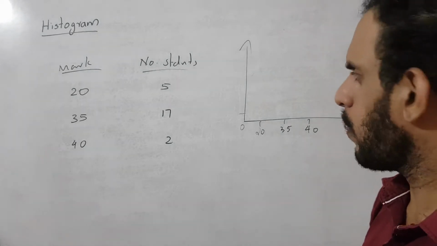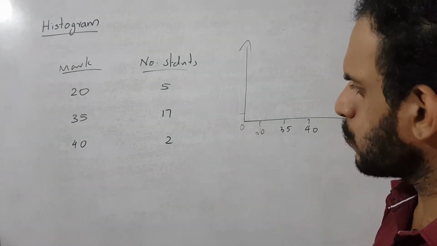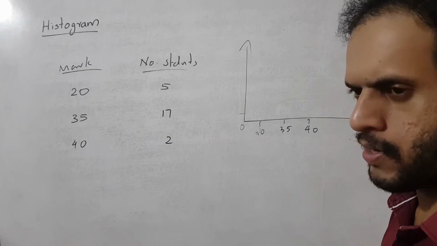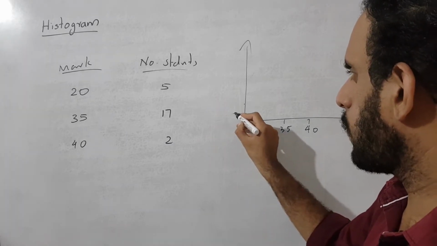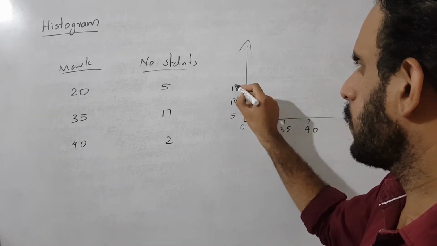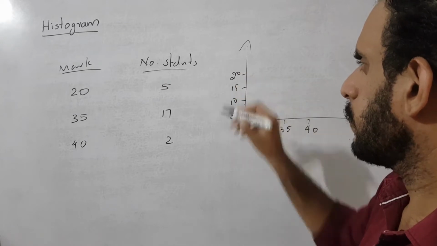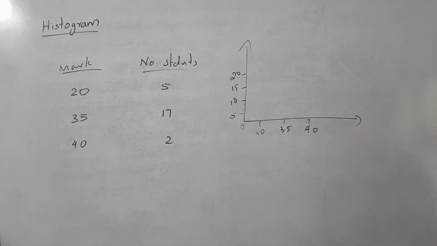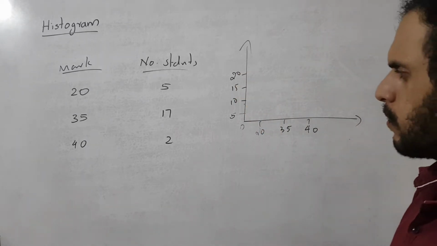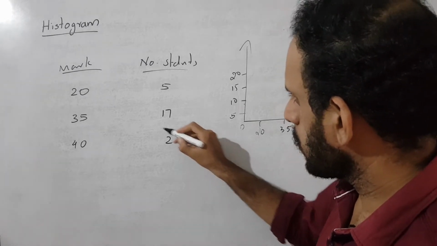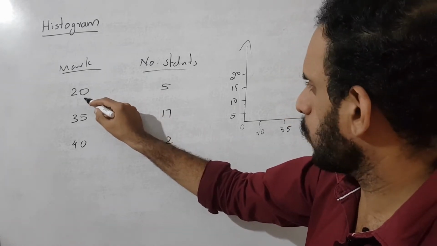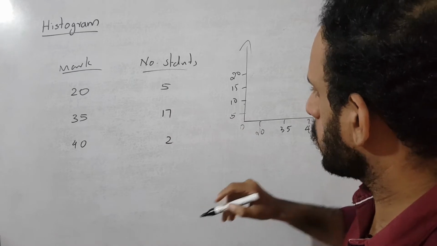Unit distance on the y-axis. The least one is 2 and the highest one is 17, so take the unit distance as 5, 10, 15 and 20. Okay, it's possible to take one as a unit distance. So for the first mark, 20, what is the frequency? Frequency is 5.